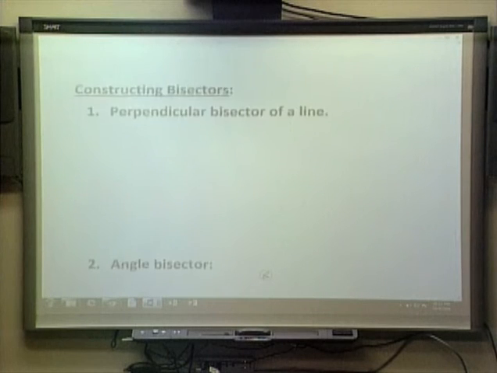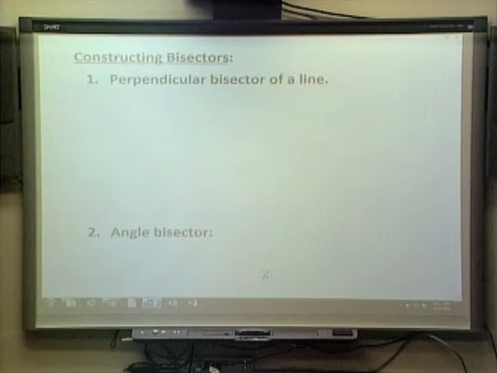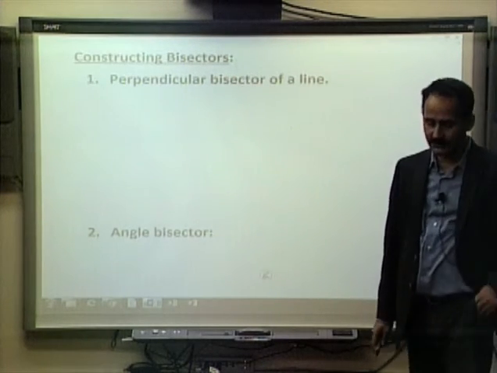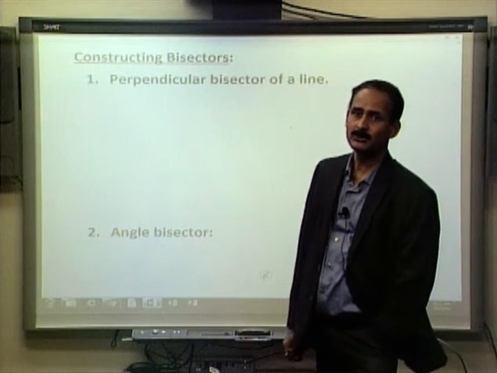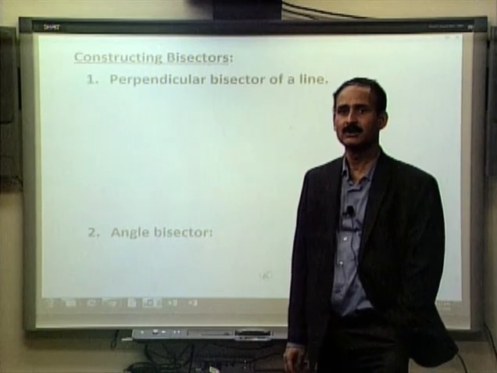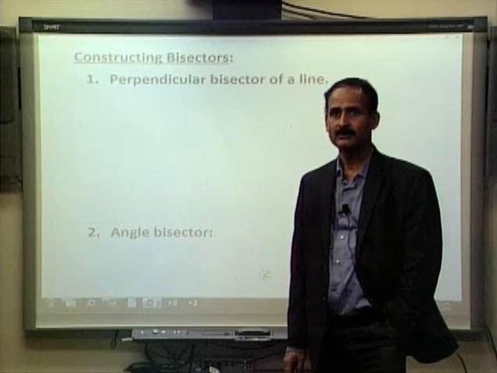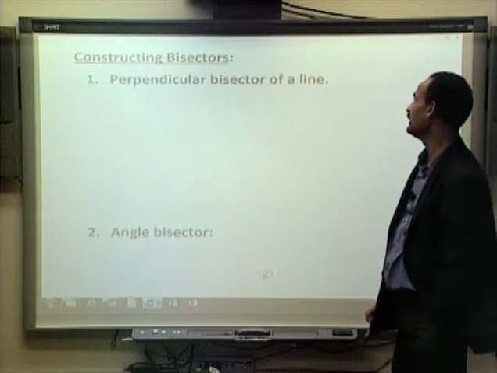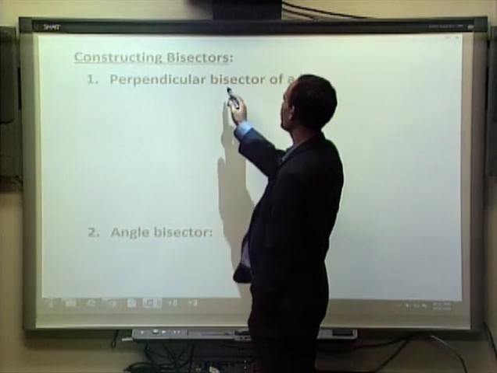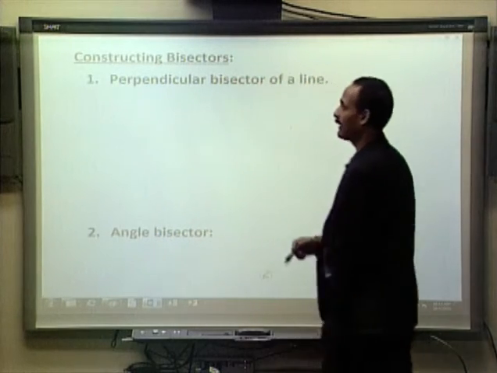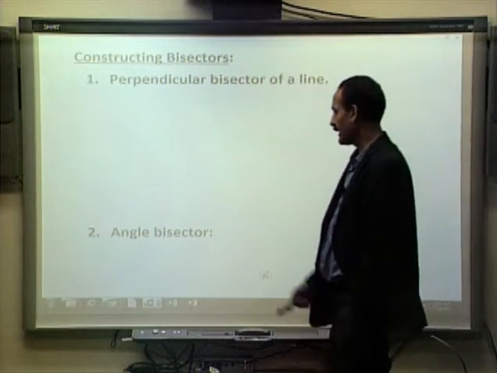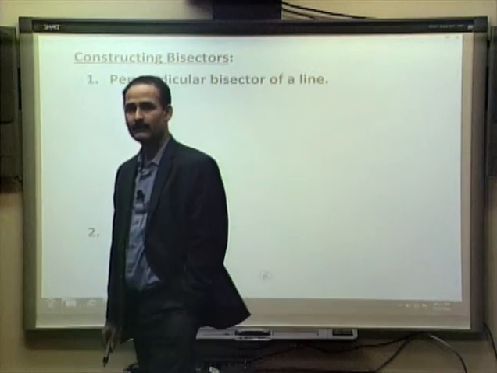Now, let us look at some other construction. Suppose we want to construct bisectors. The first example we will be looking at is the perpendicular bisector of a line, and the second example we will be looking at is the angle bisector.